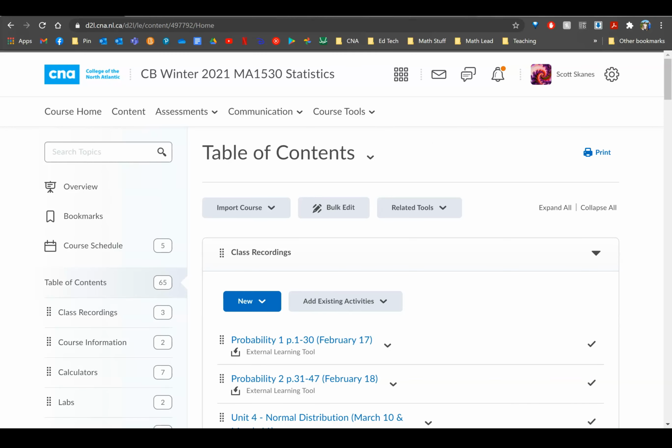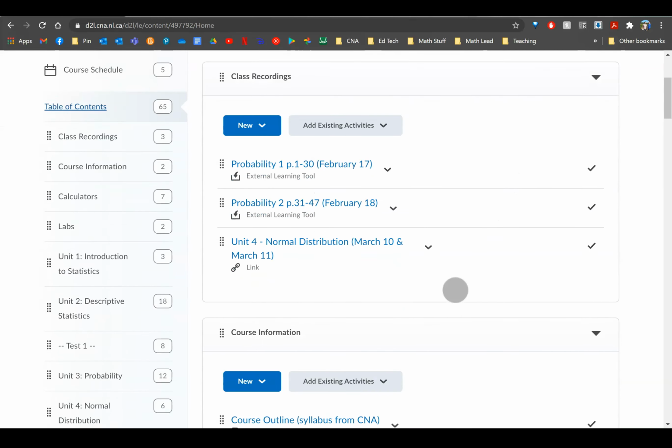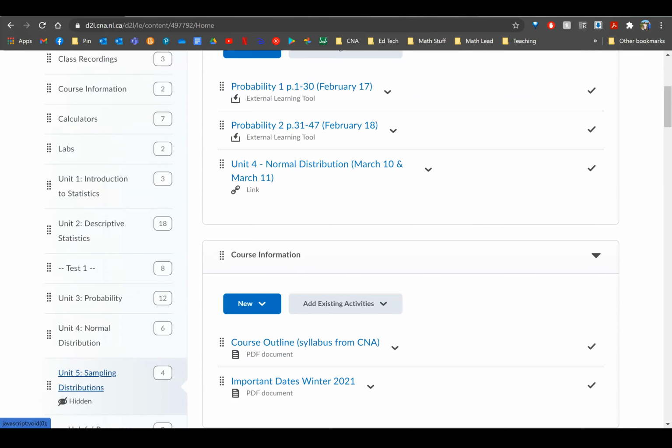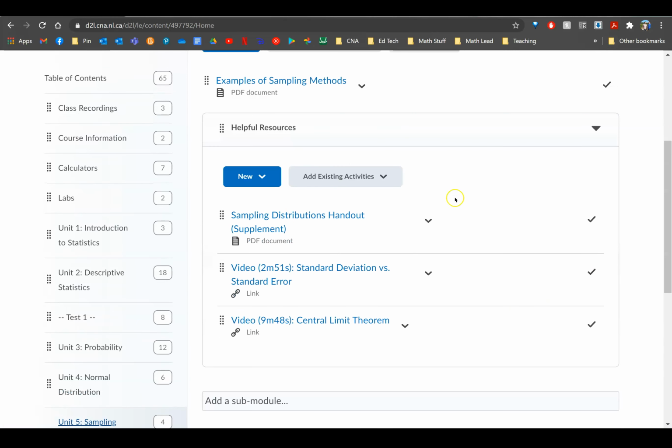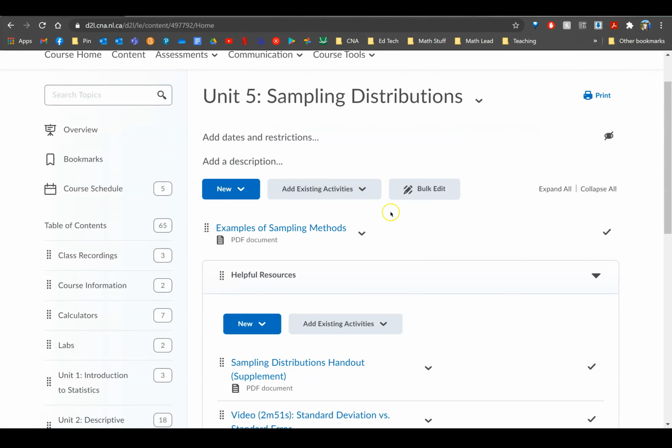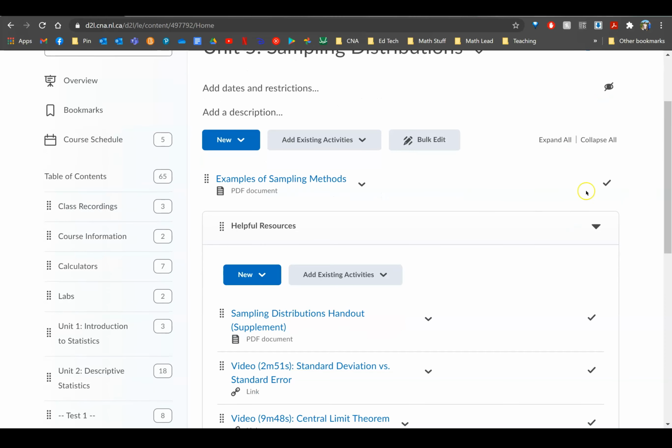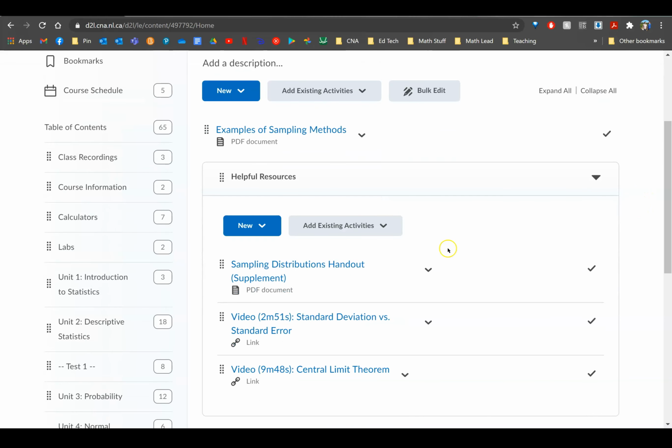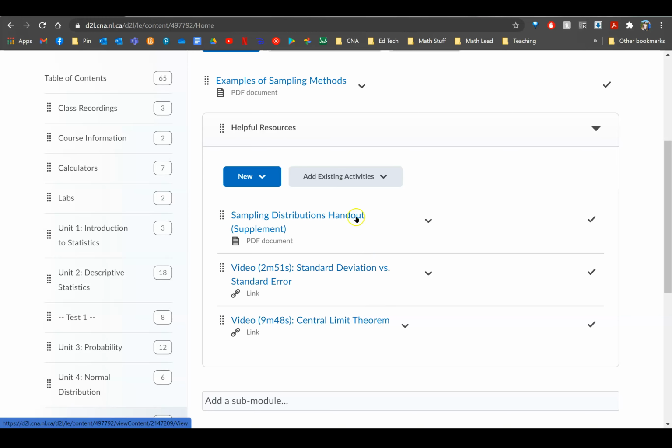The first resource that you should go to is found under Unit 5. This might look a little bit different when you see it, because by the time I post this I might have added a few things. Under Helpful Resources, you'll see Sampling Distributions Handouts Supplement.